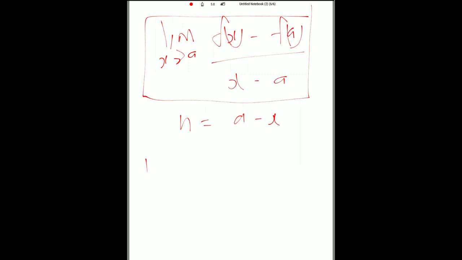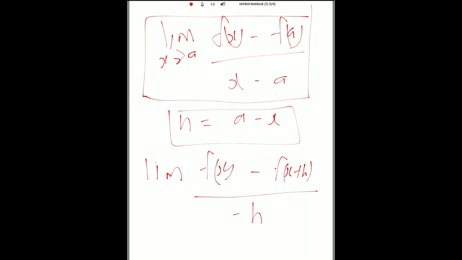to give us is we're finding the limit of f of x minus, looking at this, a would be equal to h plus x, so it would be f of x plus h all over negative h, and we're saying that h is approaching 0, because h is equal to a minus x, and x approaching a suggests that this difference would end up giving me 0.